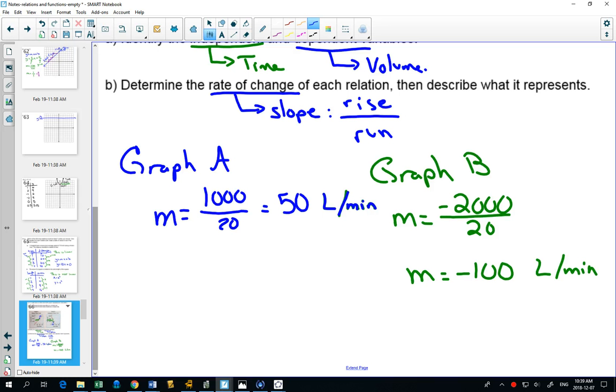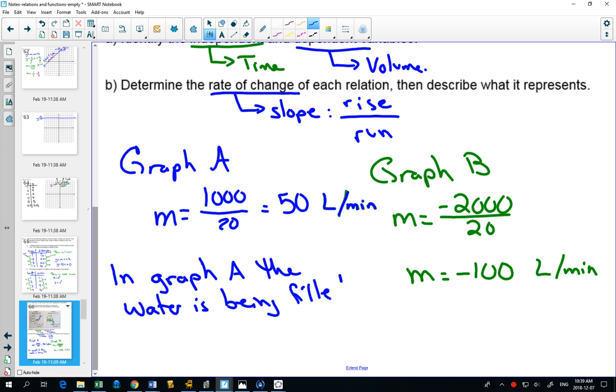So when describing the meaning in graph A, the water is being filled at a rate of 50 liters per minute.